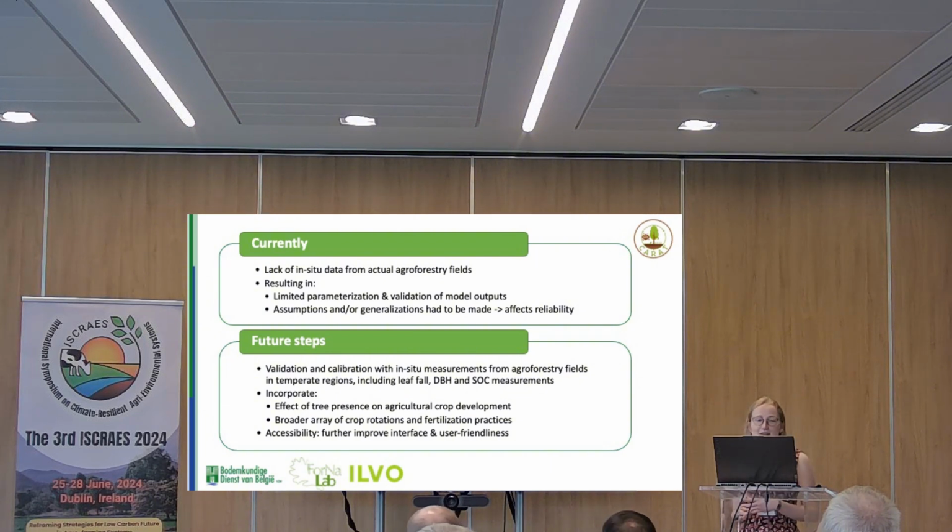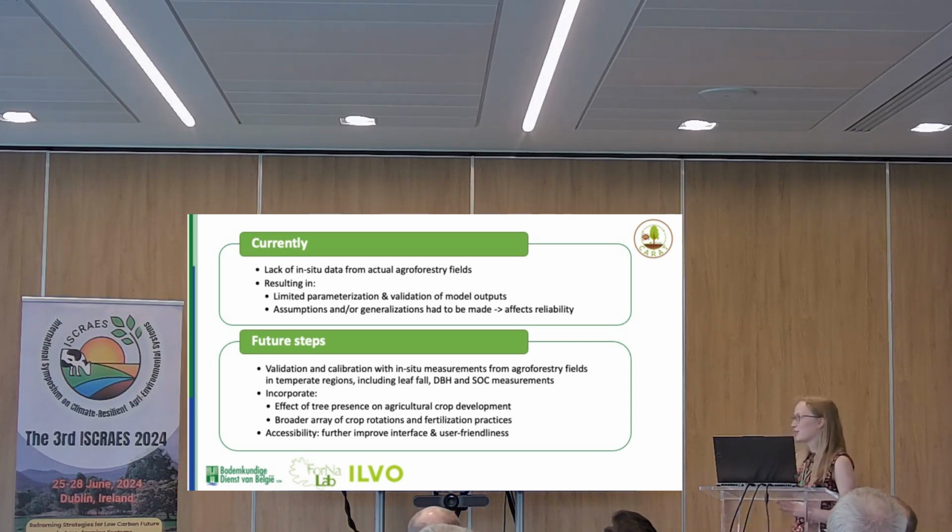Because of that, there was a limited parameterization and validation of our model outputs, and some assumptions and generalizations had to be made, which can affect the reliability of the model. So of course, our logical future steps are validation and calibration with in situ measurements from actual agroforestry fields in temperate regions. This will include leaf fall, the DBH, and soil organic carbon measurements.